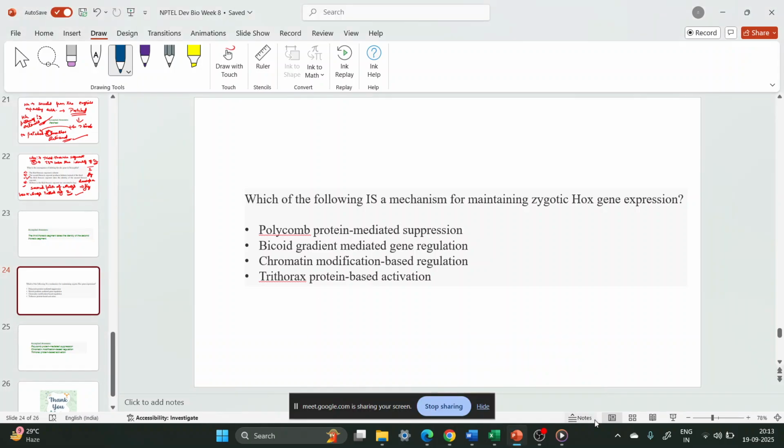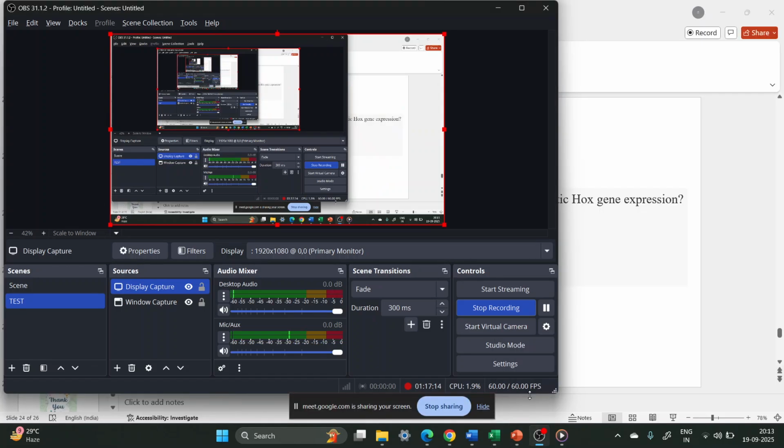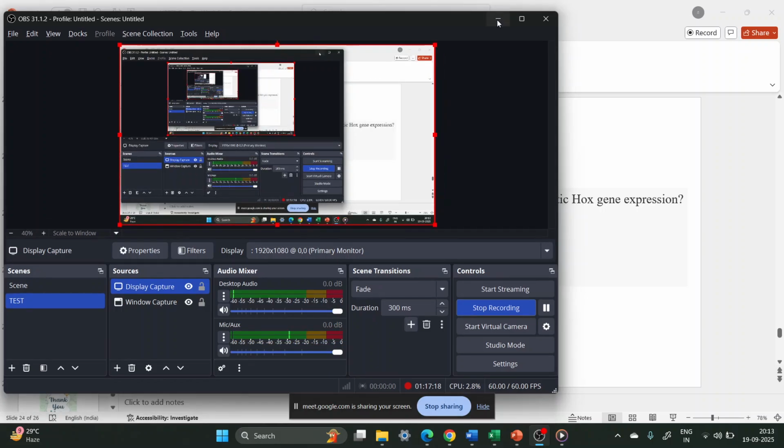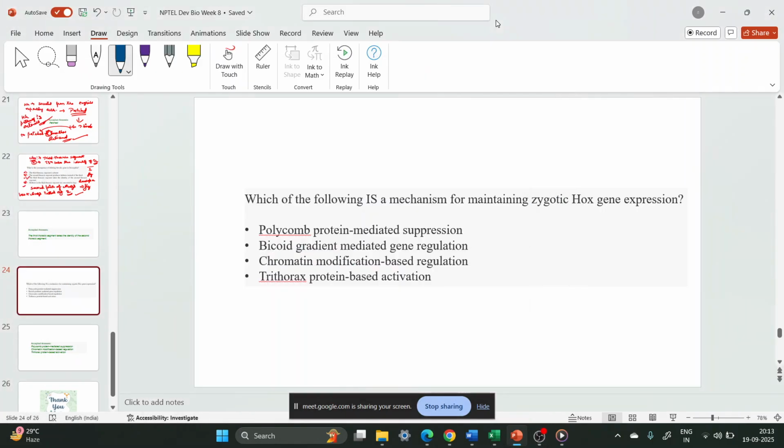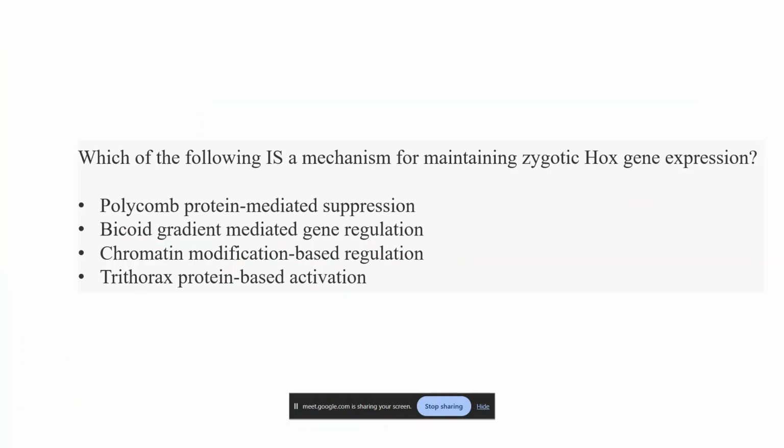Okay, let me label it as A, B, C, and D. A is polycomb protein mediated suppression.